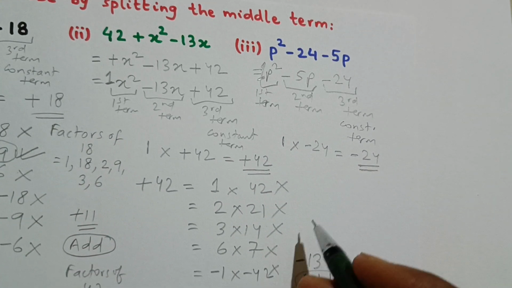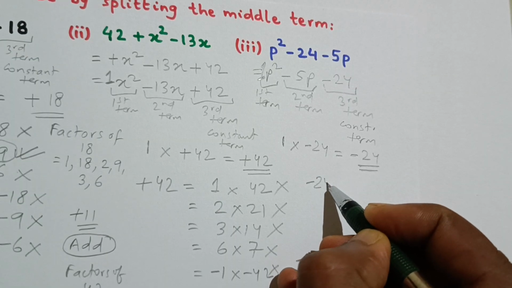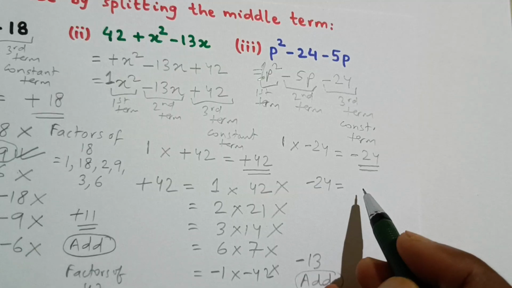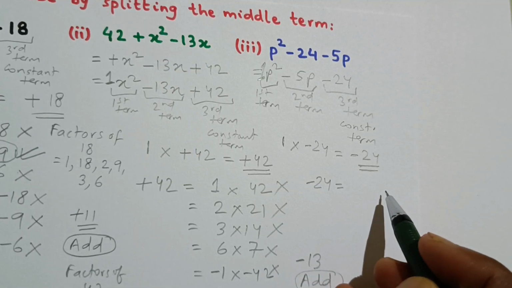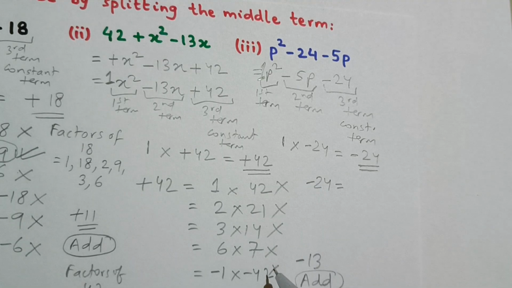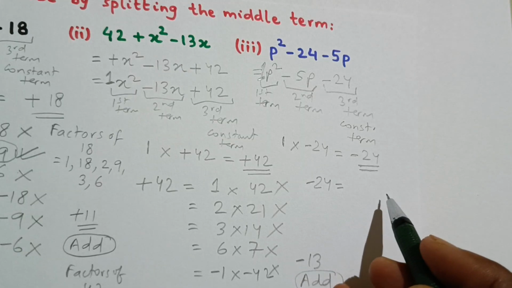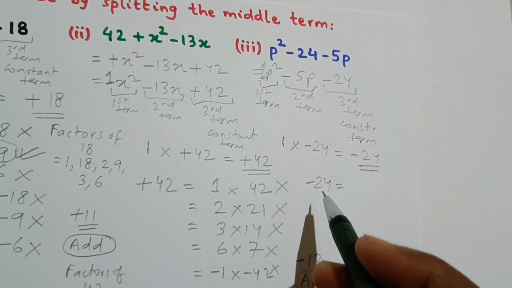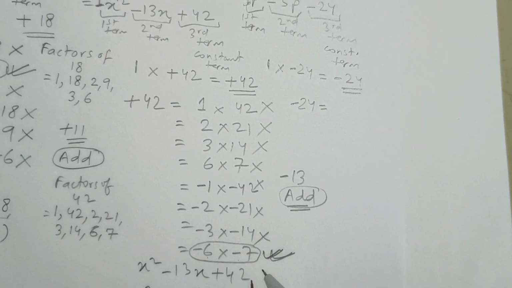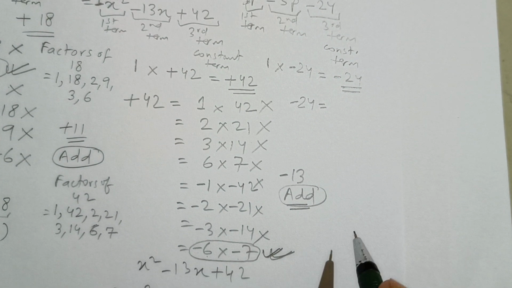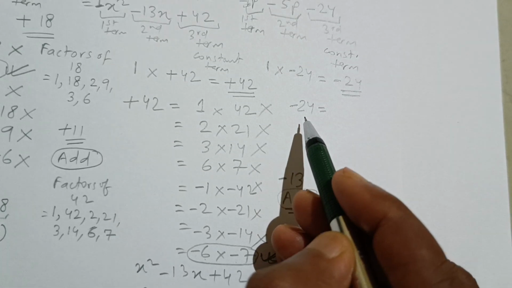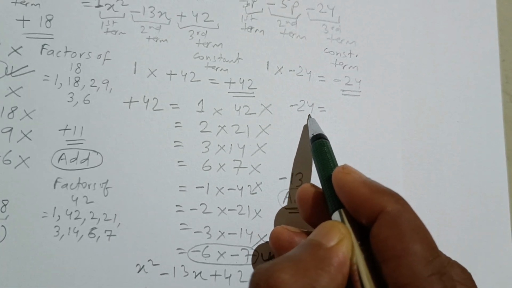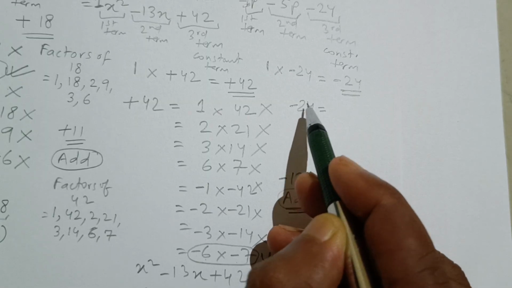Now, minus 24. You have to find all the integer pairs whose product is minus 24. For that, first I will find all the factors of 24, not minus 24, simply the number 24.